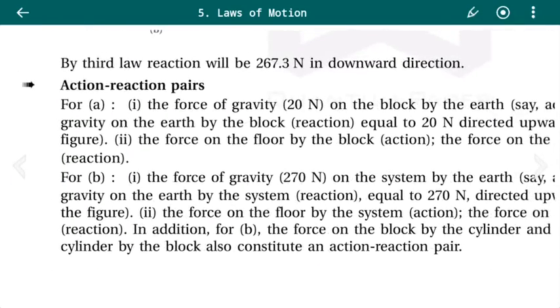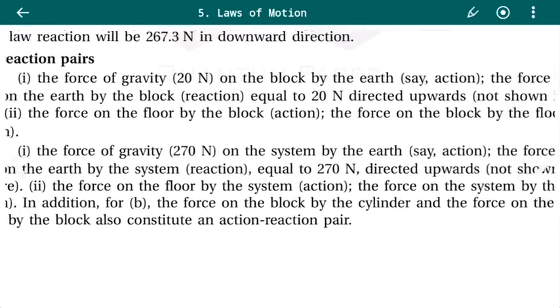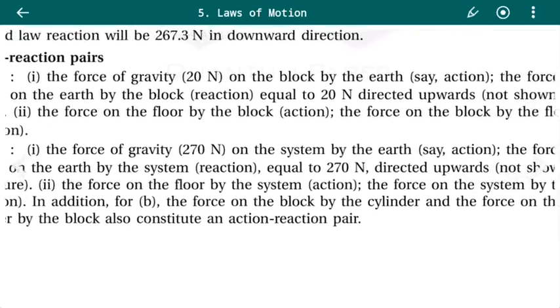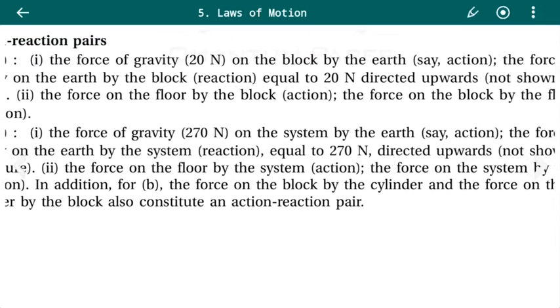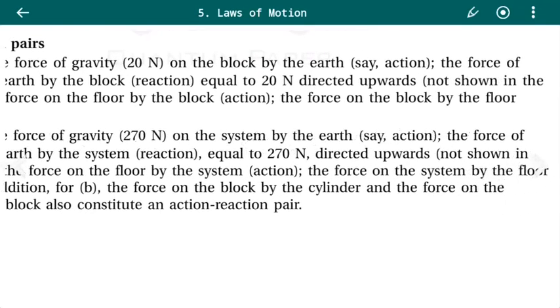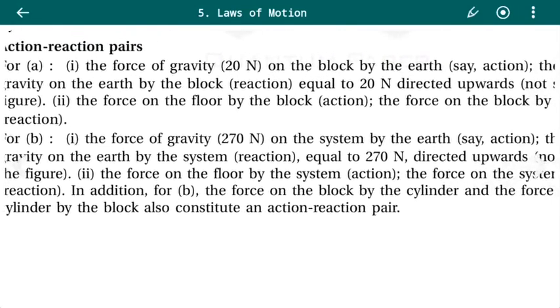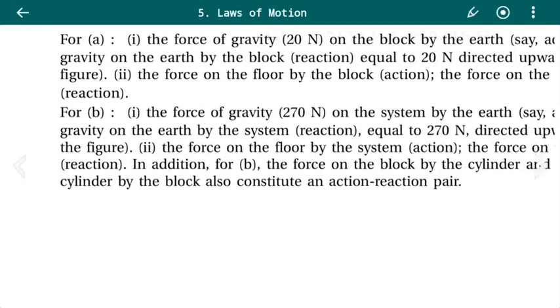Now the action-reaction pairs. For the first case, when there is only the block on the floor: first, the force of gravity on the block by the earth is the action, and the force of gravity on the earth by the block is the reaction, which is equal to 20 Newton directed upwards. Second, the force on the floor by the block is the action, and the force on the block by the floor is the reaction.